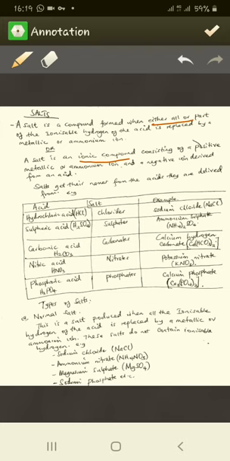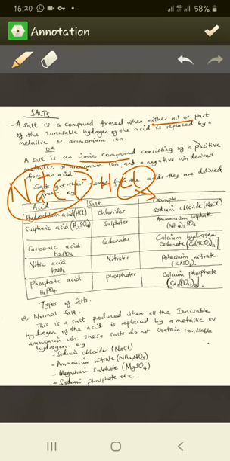Now, if you look at hydrochloric acid, it has hydrogen which is positively charged and chloride which is negatively charged. The chloride radical is negatively charged. So if we look at sodium, which is positively charged, and it combines with the chloride from the acid, which is negatively charged, we form a salt of sodium chloride.